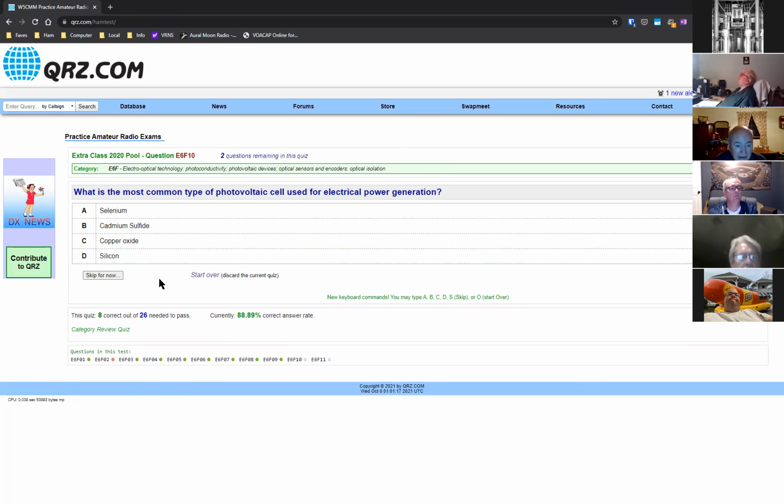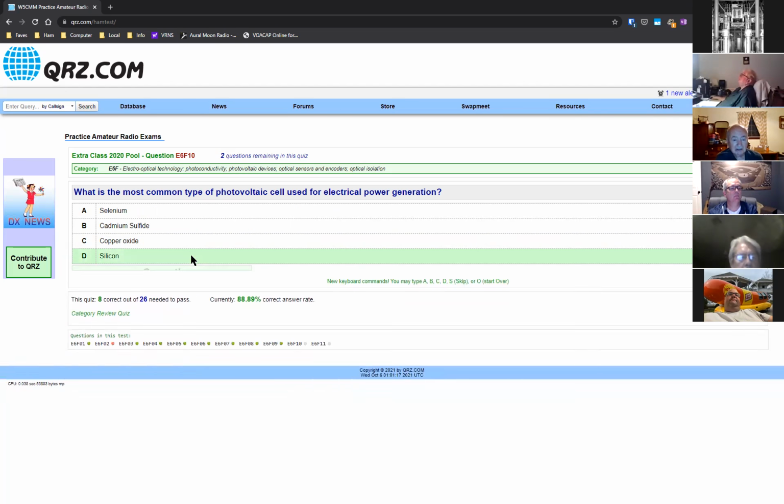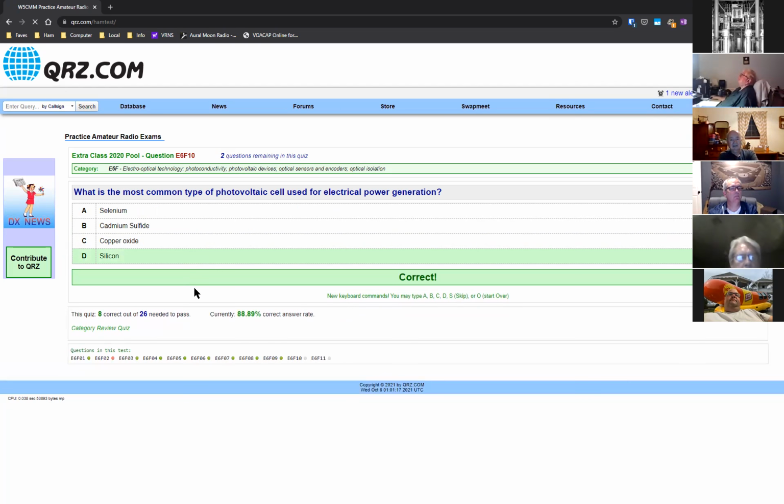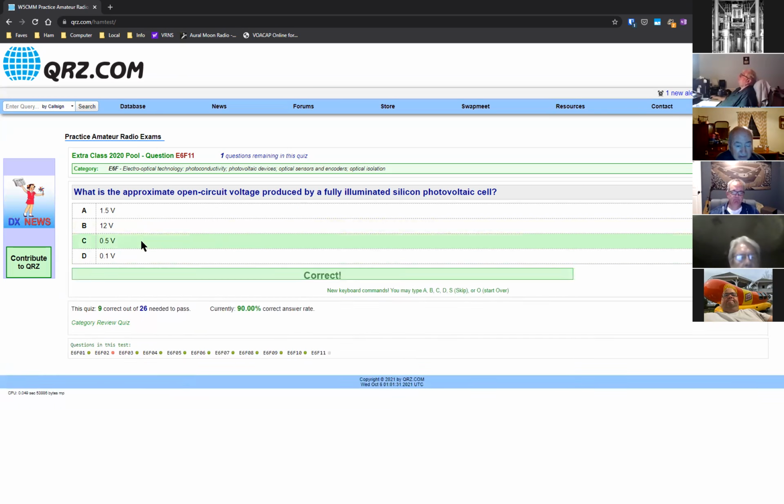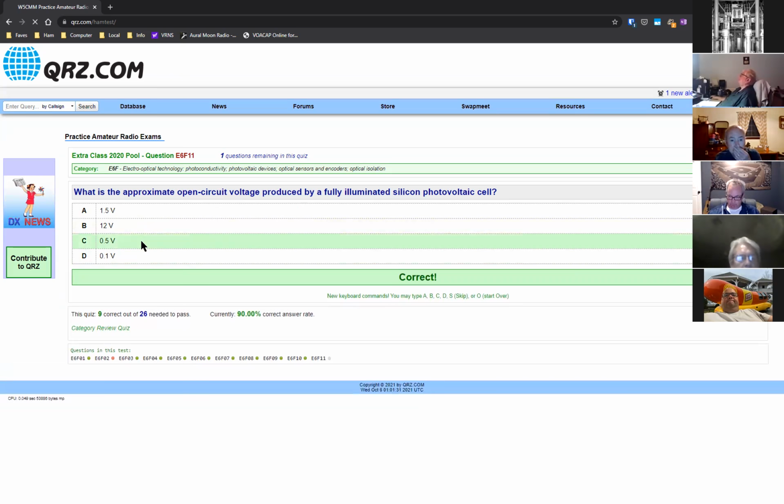D, silicon. Yeah, silicon. What is the approximate open circuit voltage produced by a fully illuminated silicon photovoltaic cell? C, half a volt. Yeah, half a volt.